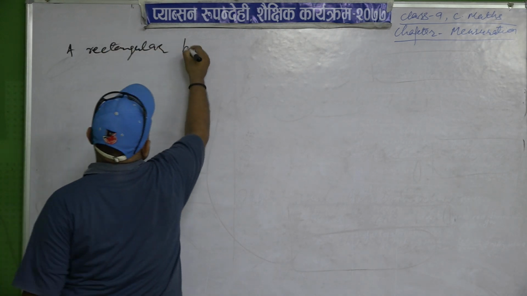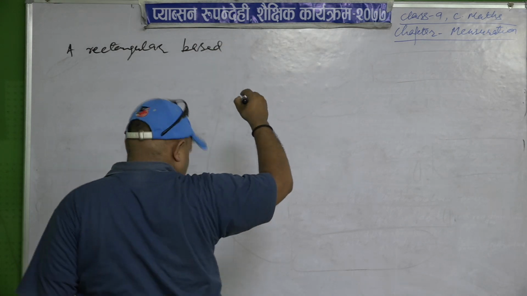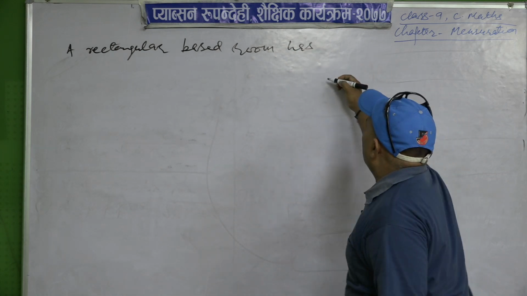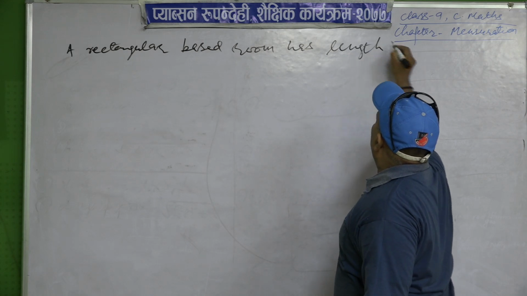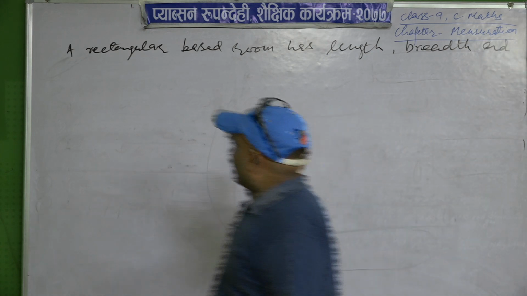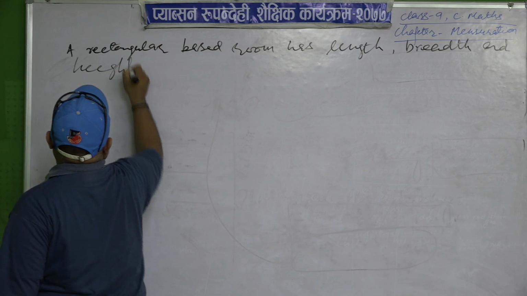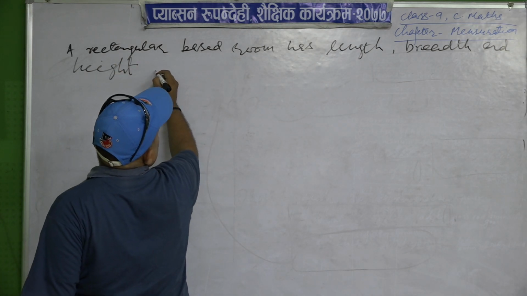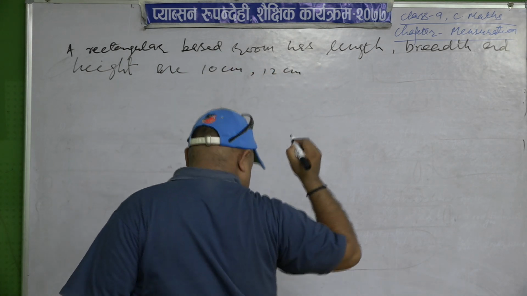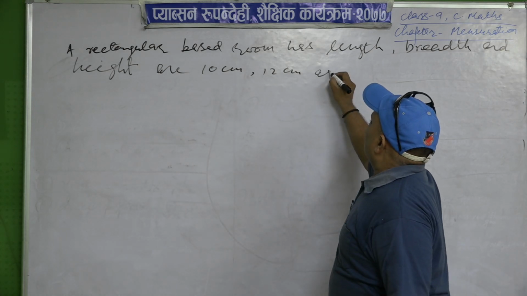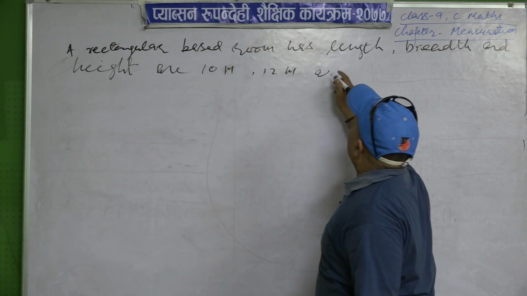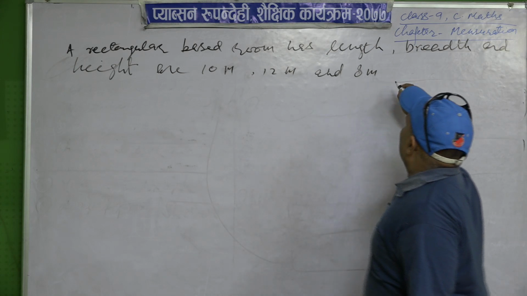A rectangular based room has length, breadth and height as 10 centimeter, 12 centimeter, don't say 20, suppose 8, 10 meter, don't say centimeter, 10 meter, 12 meter and 8 meter respectively.